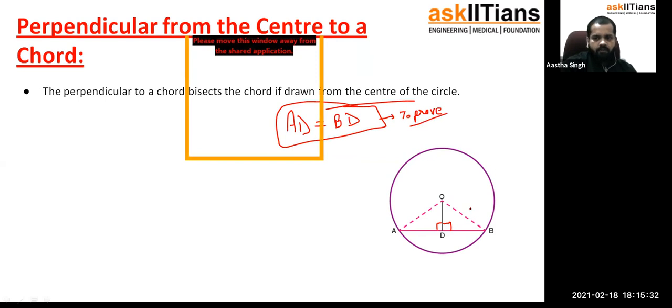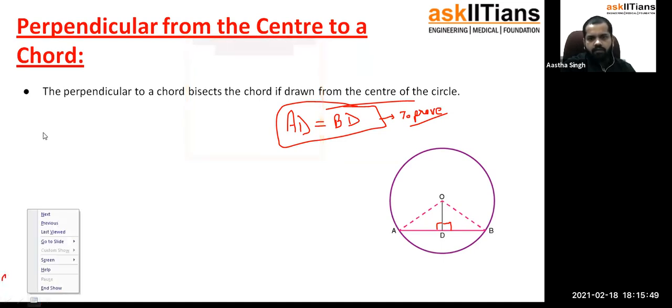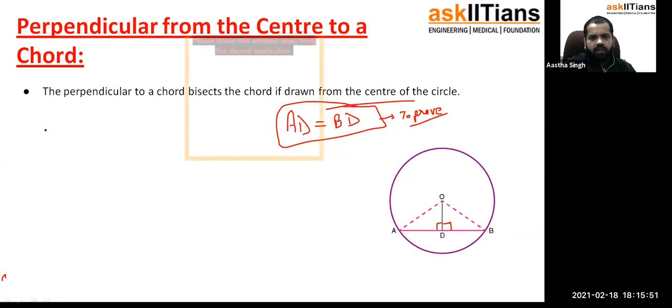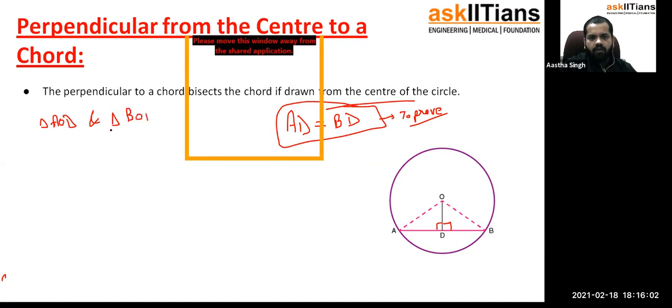Always keep in mind that a perpendicular from the center to the chord will bisect the chord. Always keep in mind the result. Now we'll prove it, right? Okay, so basically we'll take two triangles the same way. We'll take triangle AOD and triangle BOD, right?